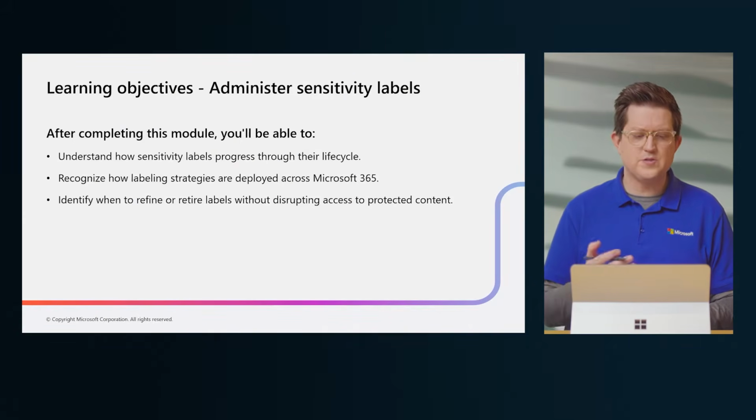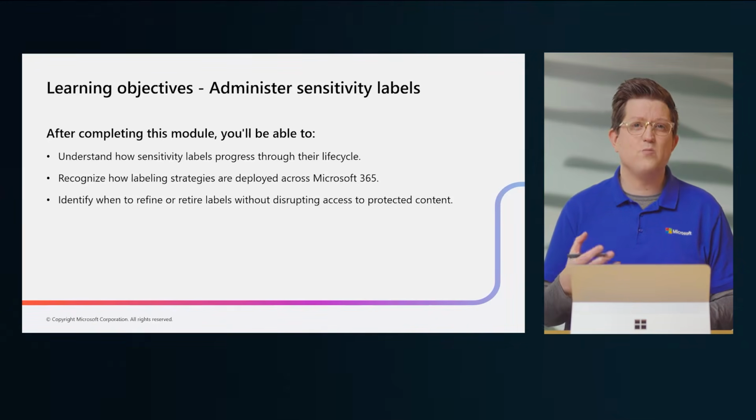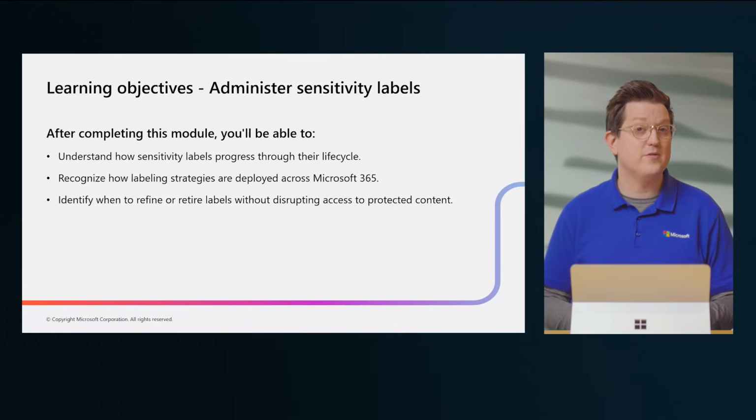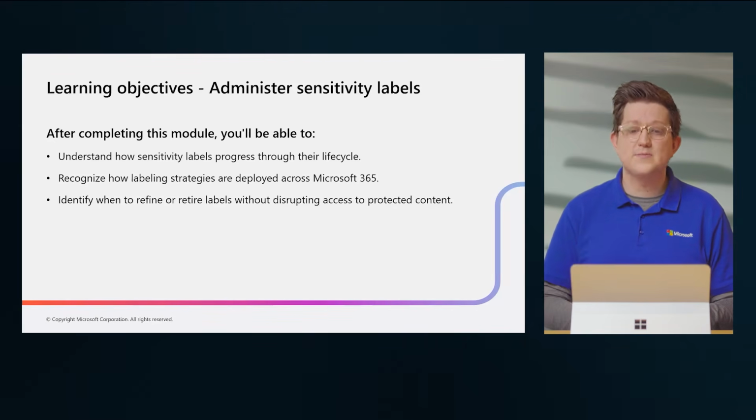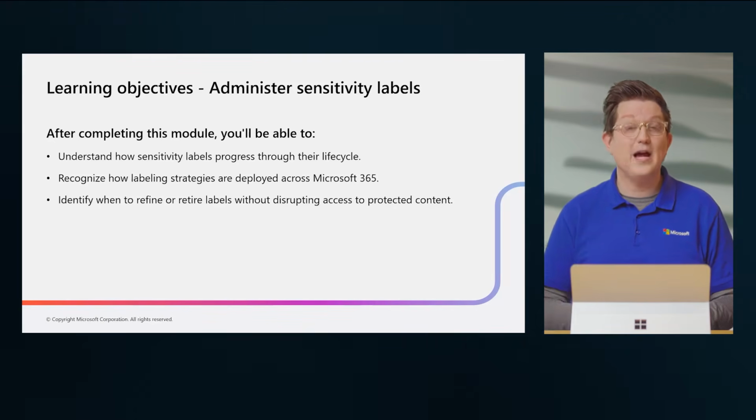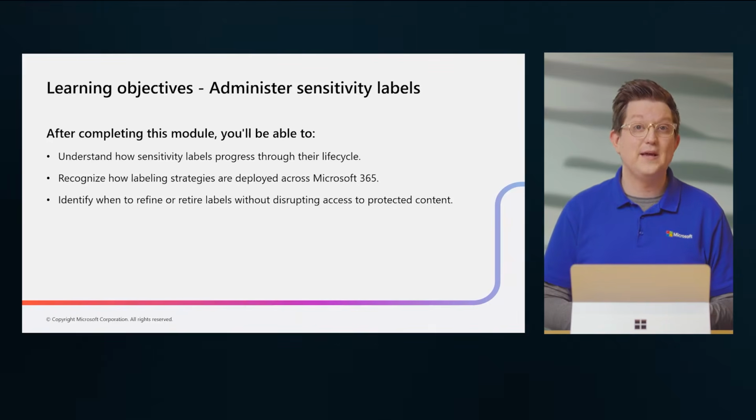So I'll talk through some strategies on what the lifecycle looks like, how to actually recognize when a label is being put in place and how to make it consistent across all of M365 and beyond, and how to identify when something does require retirement or refinement more broadly. There is a process assigned to it, and there is some steps that you'll need to take, especially when we're uplifting to a new sensitivity label type.